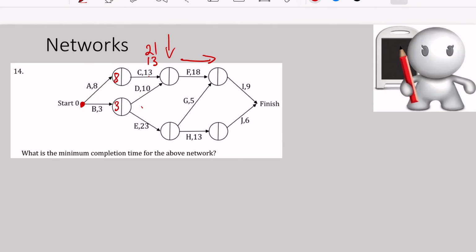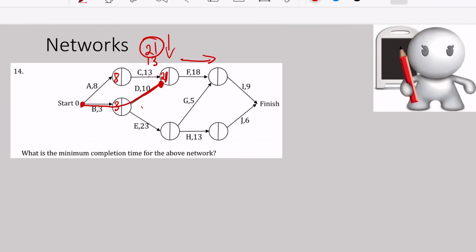Therefore, even though I've finished 13 minutes going through this pathway over here, I would actually need to wait until activity C and activity A have finished. So there's wait time over here, and I can't start activity F until after 21 minutes. So when you're doing a forward scan, you're always after the maximum number whenever there's a loop. Right, now let's continue.